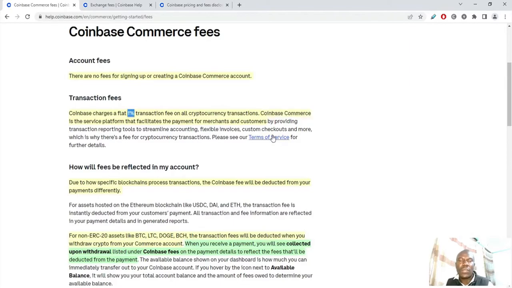You can also read the terms of service here so that you can fully understand the terms and conditions of Coinbase Commerce. What they're giving you here is the invoices, the custom checkout, and the streamlined accounting. That's why they charge a flat fee of 1%.